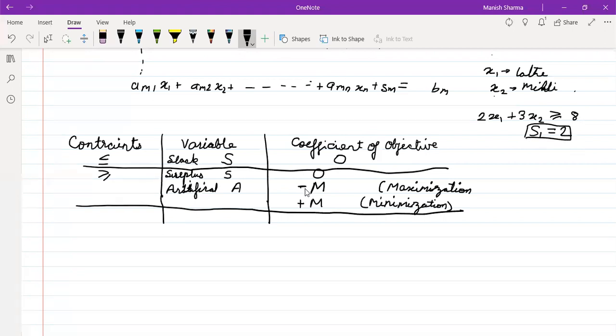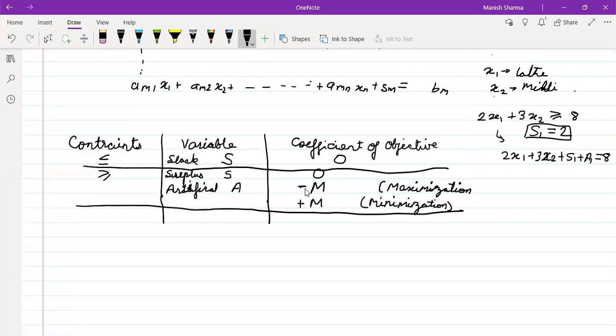Okay, correct? But an artificial variable is also added. If I convert this equation, then this will be converted as 2x1 plus 3x2 plus s1 plus a1 equal to 8, isn't it?